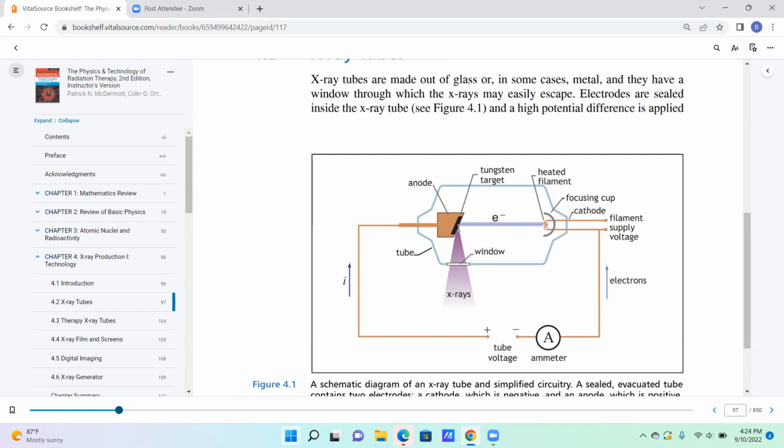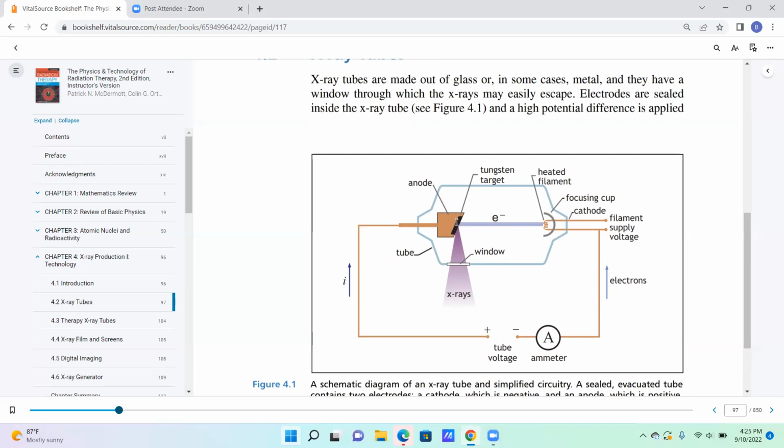And so the voltage is what says, hey, come this way. So the electrons boil off and boom, they go over here. Now, when they hit here, they're going to hit most likely a tungsten target. There are other types of targets such as molybdenum, but in general, you're going to be looking at something like tungsten. It has a high Z value and it can cool off more quickly than other elements can. So that's why we use it.